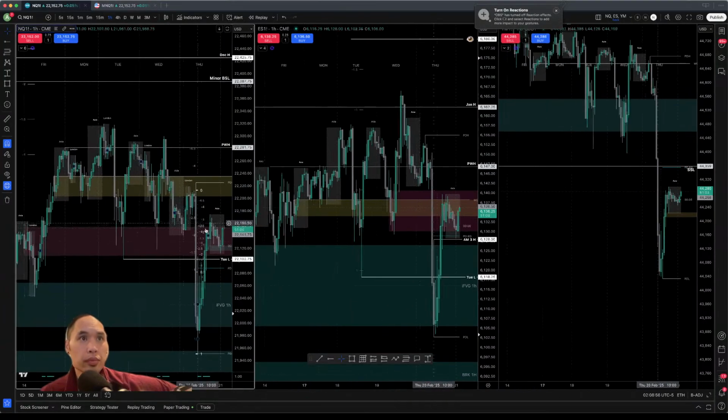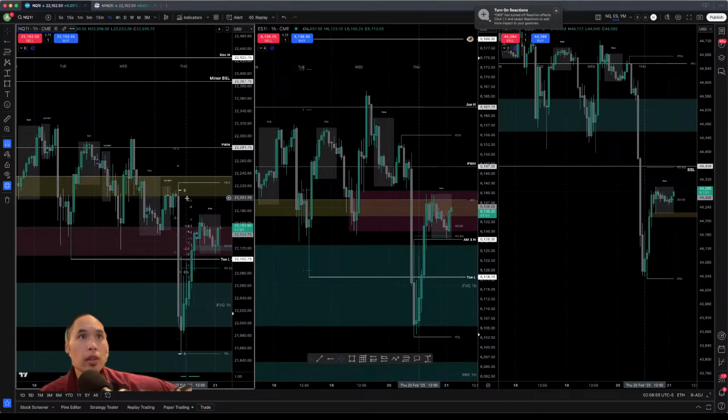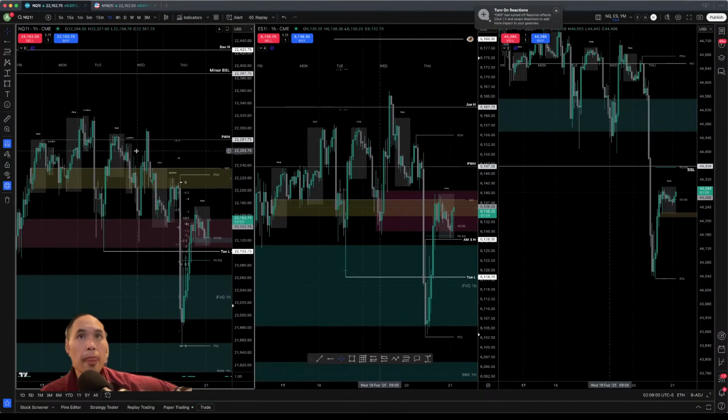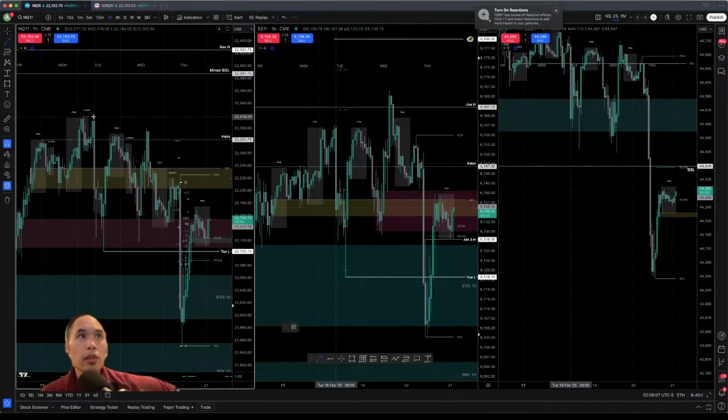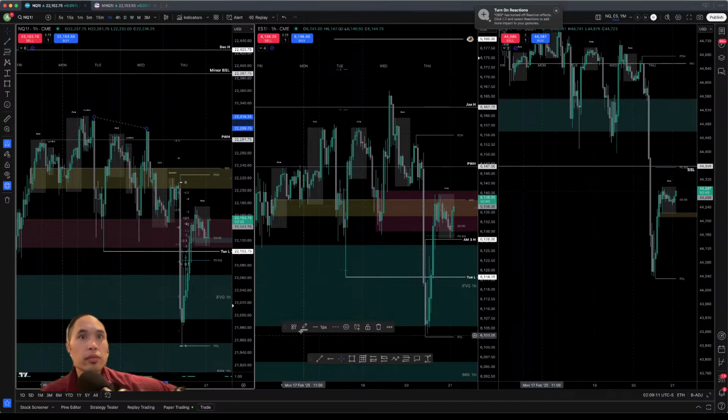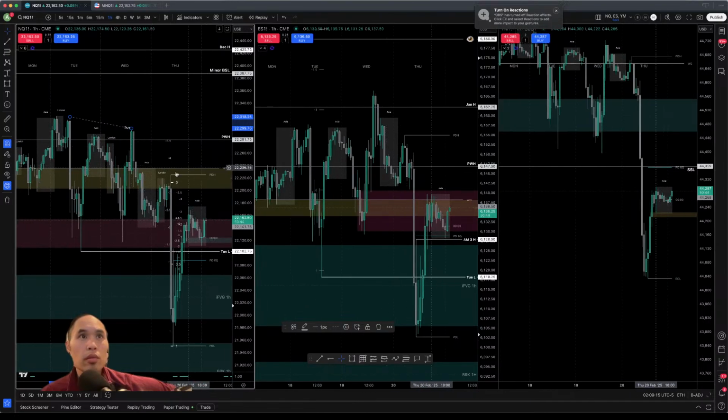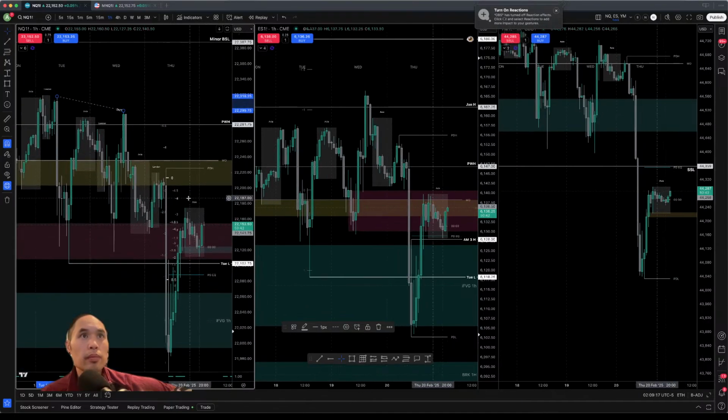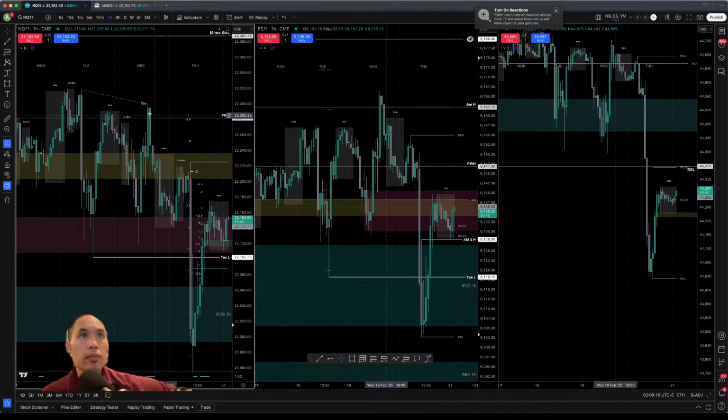So going into the AM, we had a huge SMT. We had this SMT up here as ES took Tuesday high, whereas NQ didn't. So that was one big indicator that we were going to head lower.